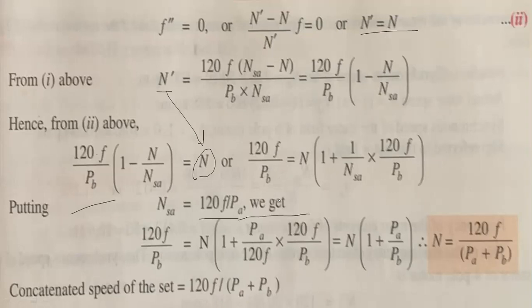So I get 120 F by PB is equal to N into 1 plus, in place of NSA, reverse, PA by 120 F into 120 F by PB. These two get cancelled. So N is left with N into 1 plus PA by PB. That implies N is equal to 120 F by PA plus PB. So the concatenation speed, the set speed, is N equal to 120 F by PA plus PB. This is the proof of how we got this.